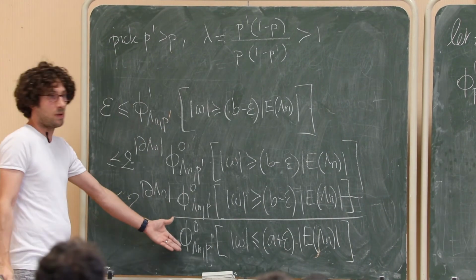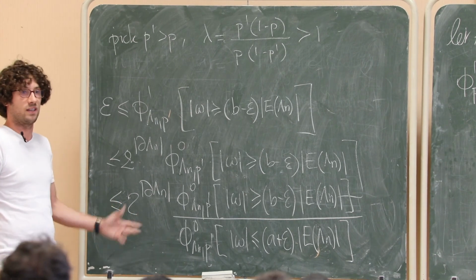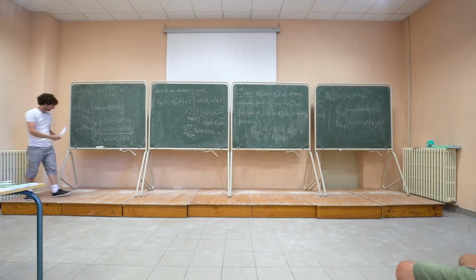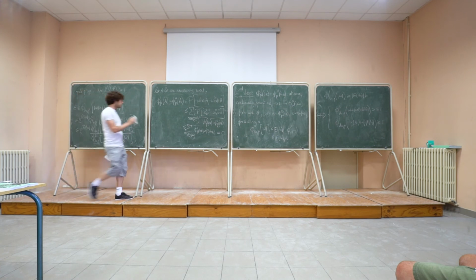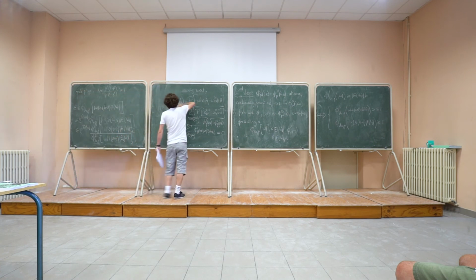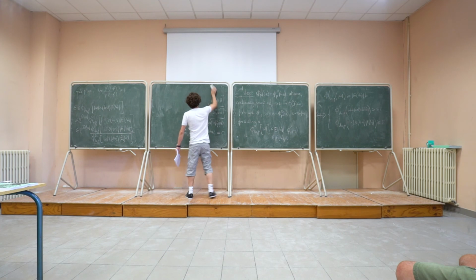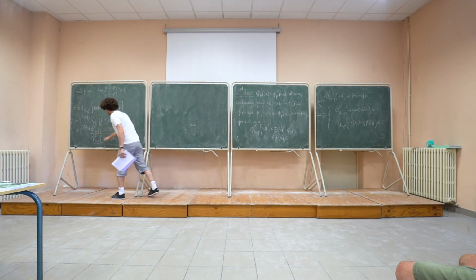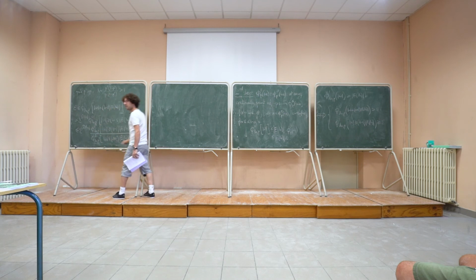Okay, I'm just dividing by something smaller or equal to 1, so I'm still increasing things there, right? You are going to understand in a second why I'm doing that. I mean, in 3 seconds. Because this thing, in fact, is quite small. Why?